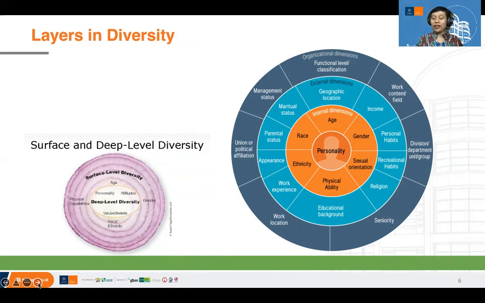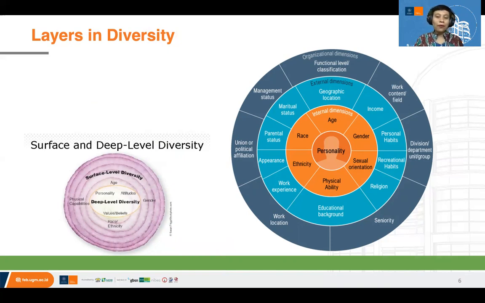If we try to find a clear definition or explanation about diversity, there are a lot of sources of diversity, and we can see that diversity in terms of culture is concluded as an internal dimension. If we also look at deep level diversity and surface level diversity, we can conclude that diversity in terms of culture is deep level diversity, because it deals with values and attitudes.